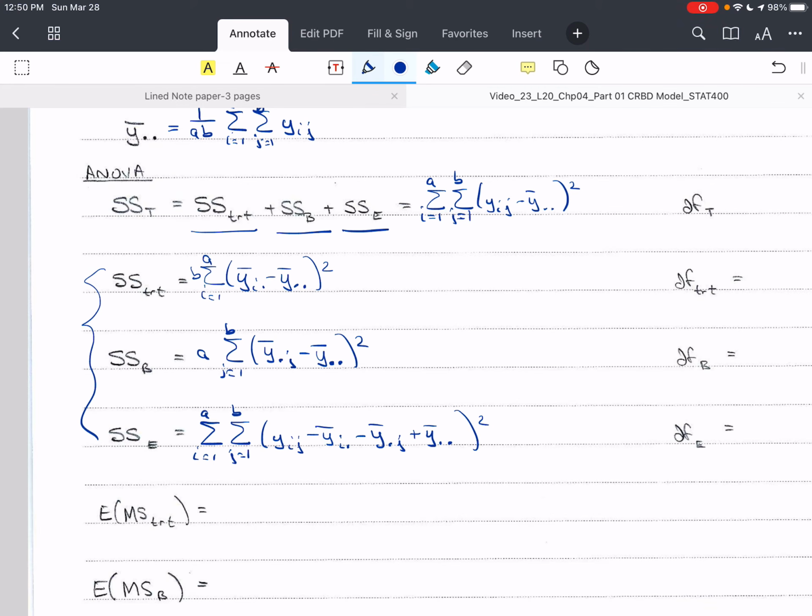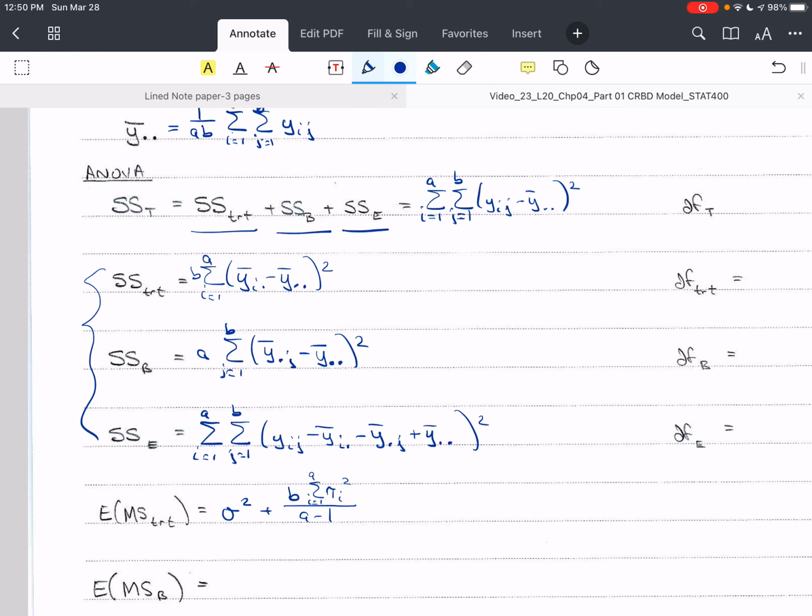Now, I'm not going to go through the derivation. I'm just going to give you the answers here. So we have sigma squared plus b times the sum of tau i squared, where i equals 1 to a, over a minus 1.